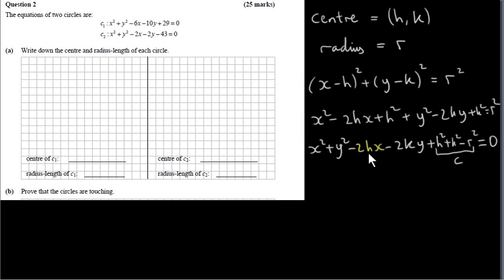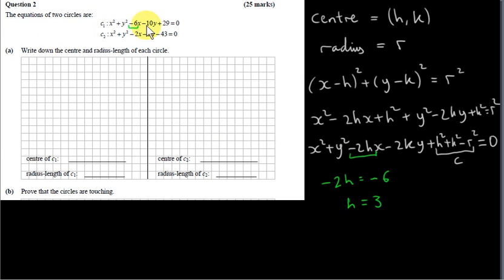The first thing I want to do is note what h and k are for the circle C1. Well, you can see that the coefficient of x is minus 2h, and the coefficient of x in circle C1 is minus 6. So minus 2h equals minus 6, h equals 3. We just divide by 2 and change the sign.